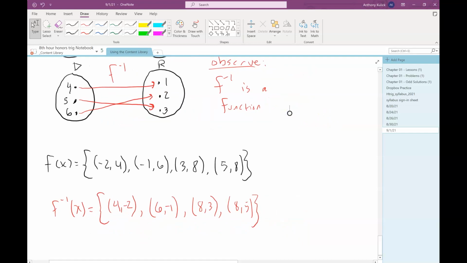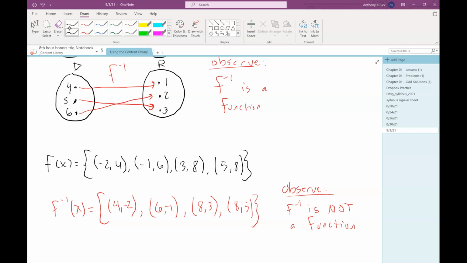Uh-oh, what do you notice about F inverse this time? Yeah, so it's not a function. Uh-oh, SpaghettiOs. So what we're noticing here is that depending on the situation, sometimes F inverse will be a function and sometimes it won't.